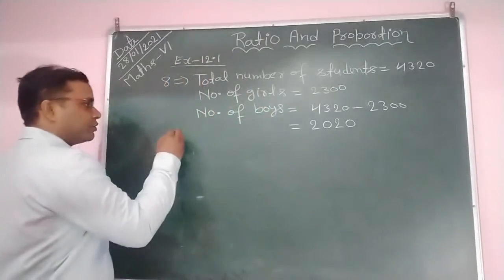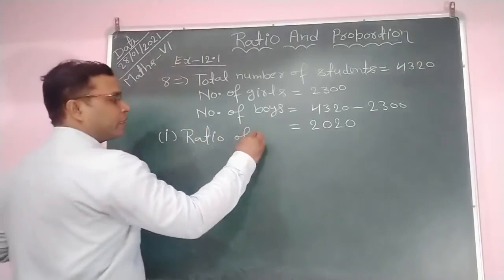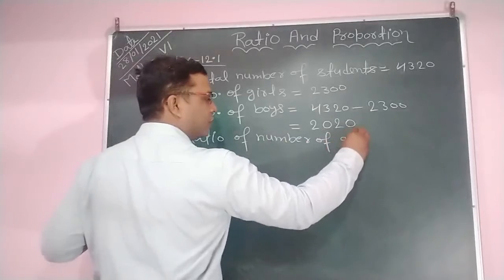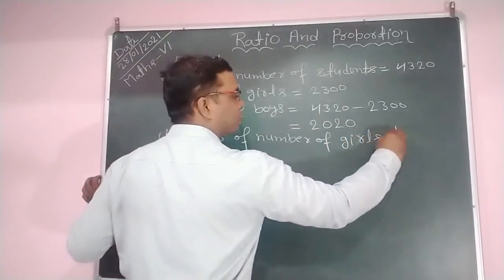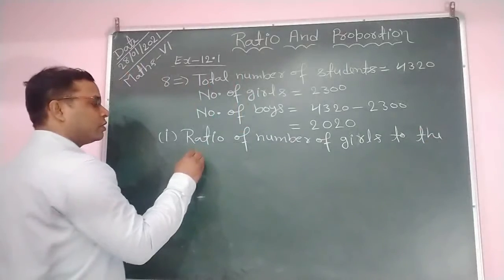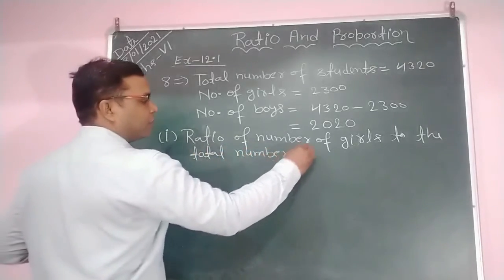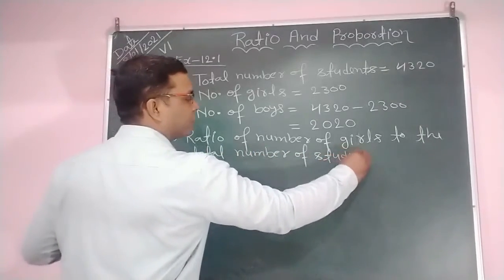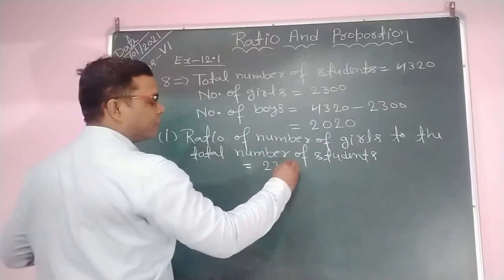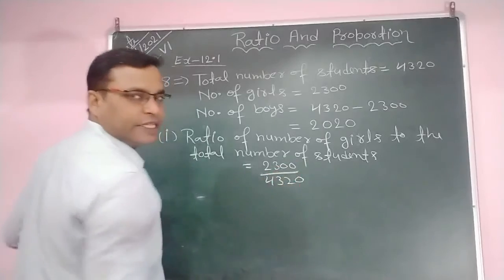Okay, so the number of girls is given here, 2,300, and the total number of students is 4,320. This is given here.